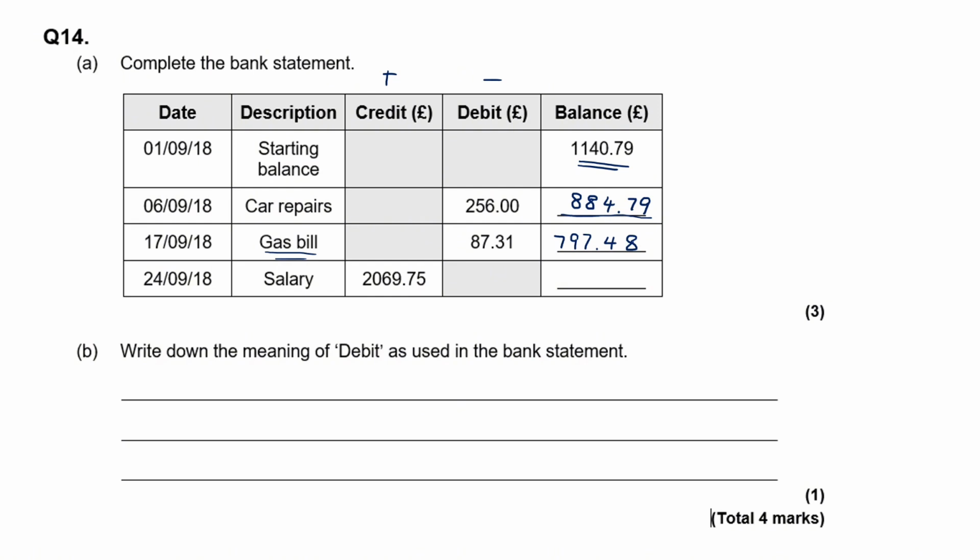So that's how much I've got now, and I've been credited the salary of £2,069.75. So which is then going to be added on. That means I am going to finish off with this. Okay, so we've got £2,867.25.